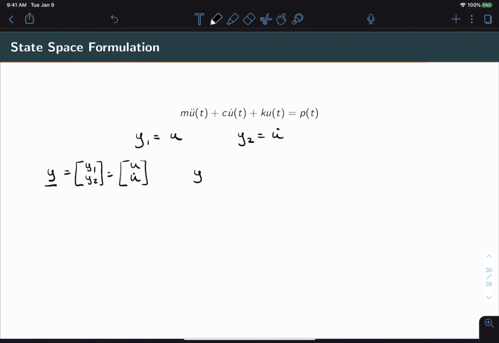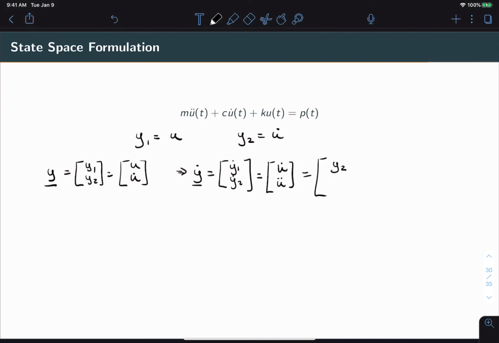By extension, this means that we can also define a vector y dot, which is simply y1 dot and y2 dot. This is the same as saying u dot and u double dot.